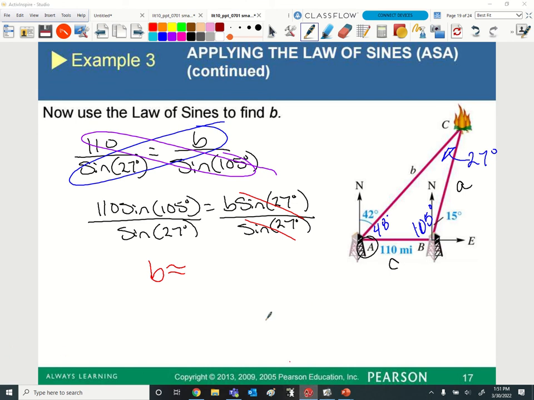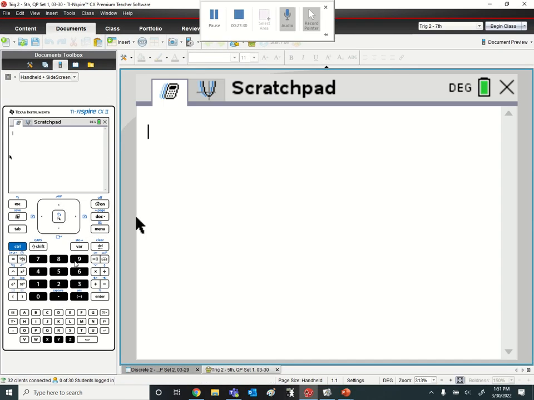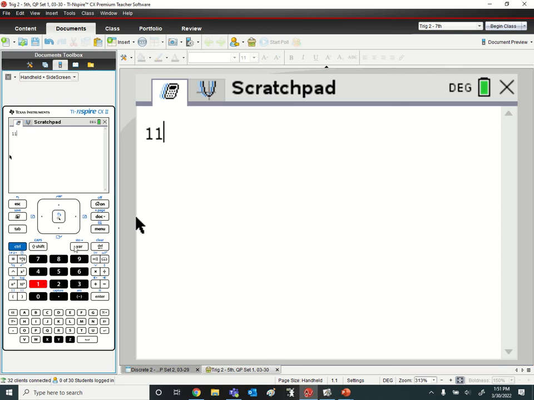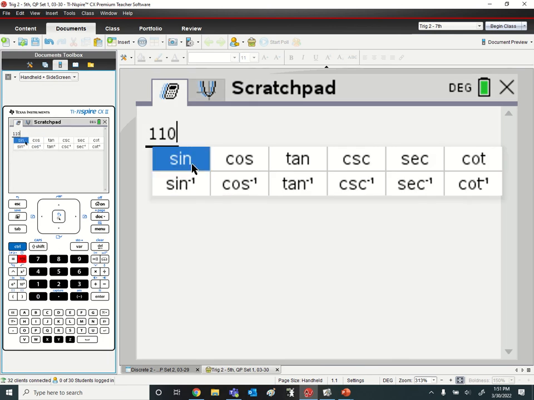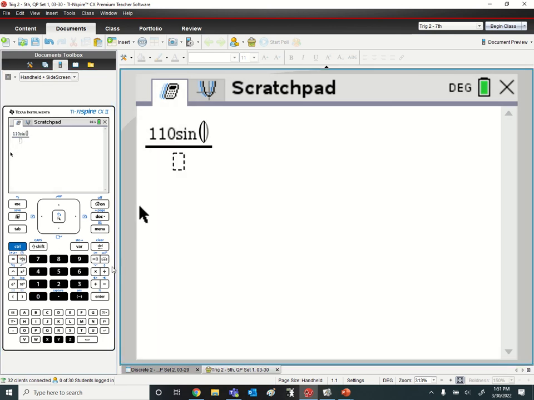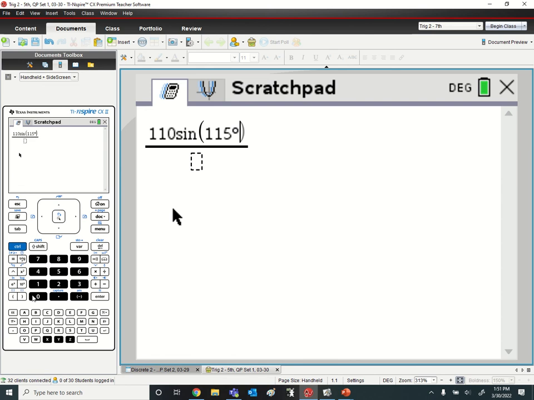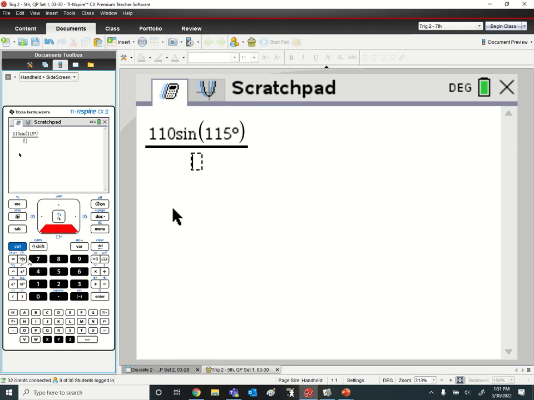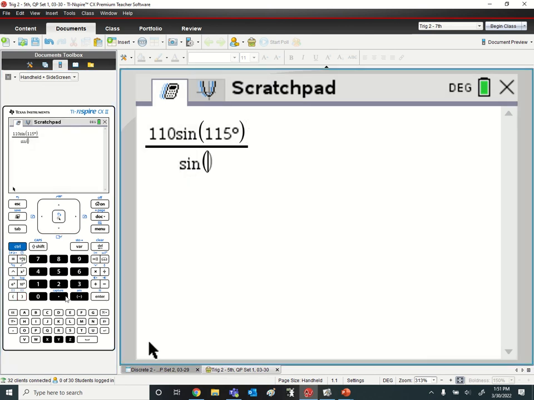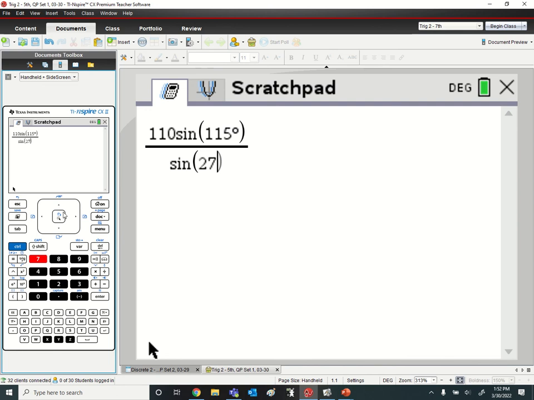So let's get that calculator out. I set up my control divide, 110 sine of 27 degrees over sine of 105.